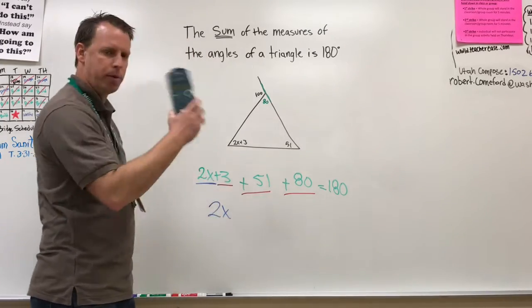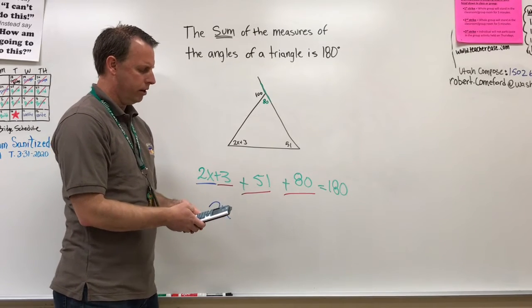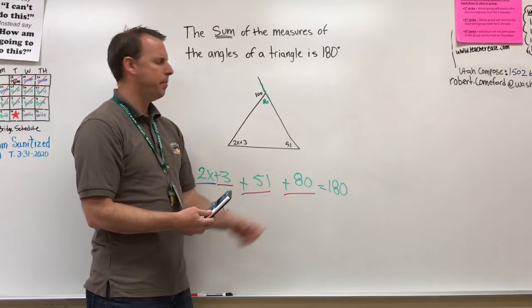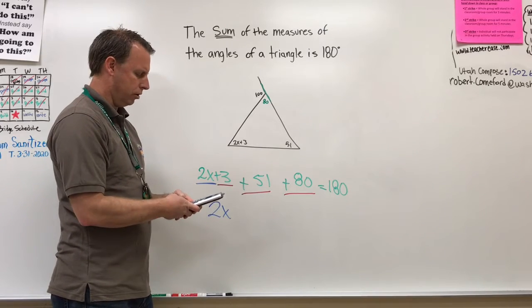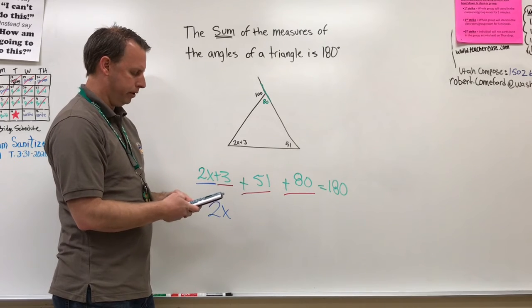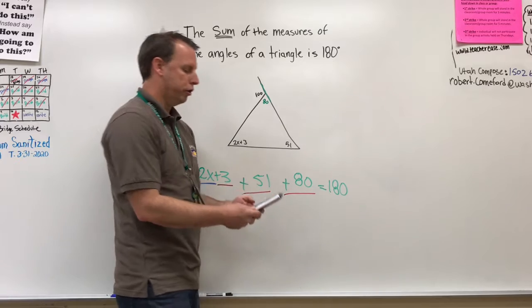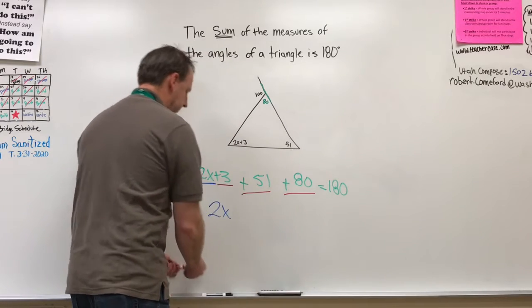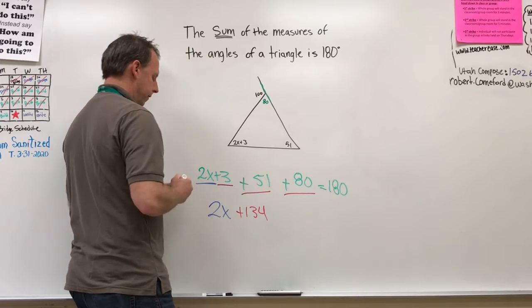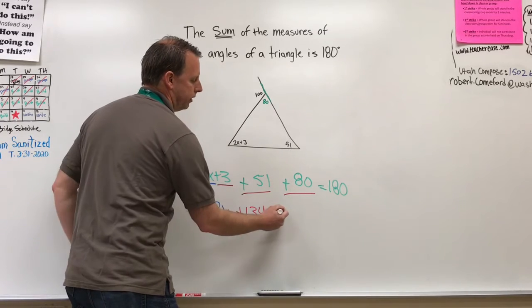These aren't hard numbers, but remember, you're welcome to use your calculator. It doesn't really matter the order that you add them up in, as long as you get the signs right when you put it in. So I've got a 3, a plus 51, a plus 80, that's 134, and all of that is still equal to 180.